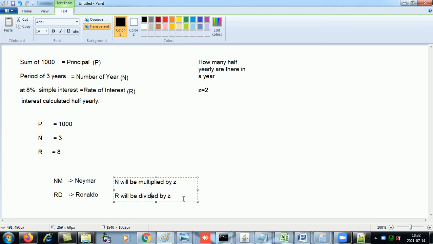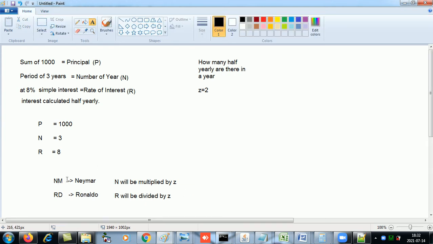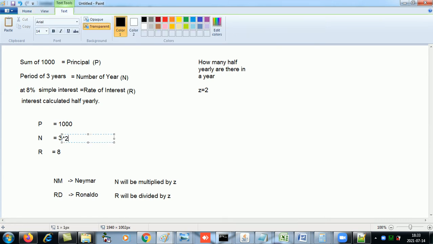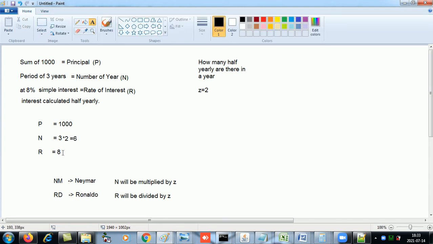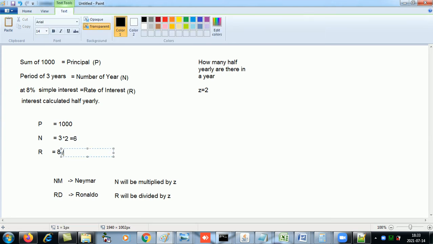So here NM means 3 multiplied by 2. Now the new value of N is 6, and RD, 8 divided by 2, the new value of R is 4.